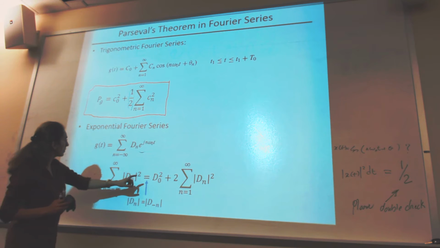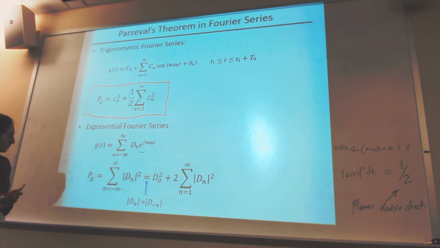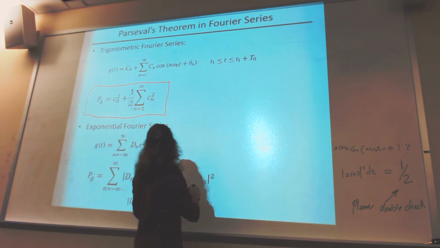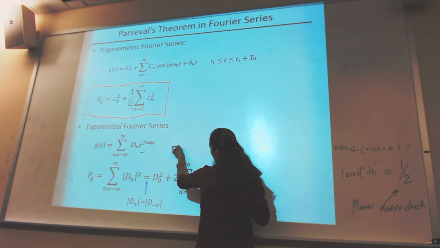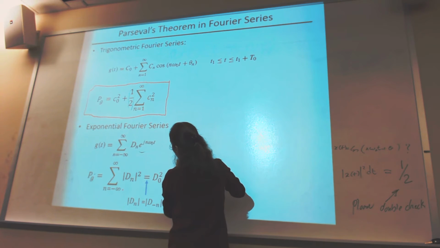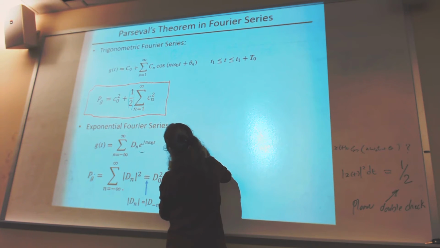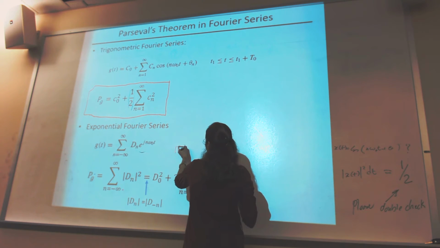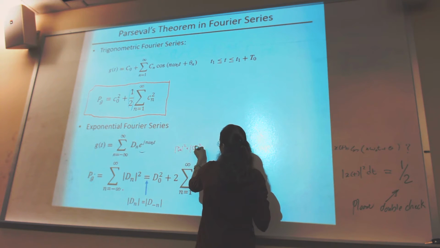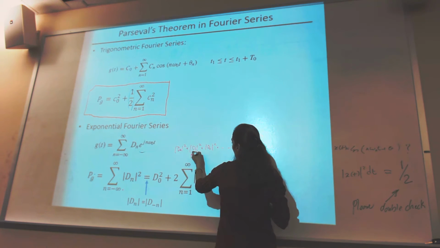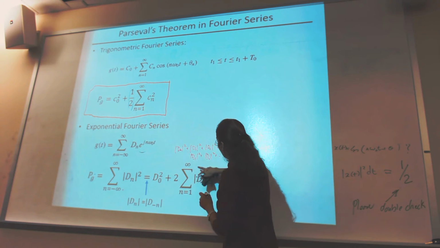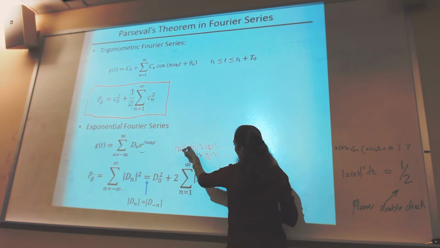So what you have is the power is D naught squared, the magnitude of D1 squared, etc., and then you also have D negative 1 squared, D negative 2 squared, etc. In this formula, because these two are equal, we just put twice.